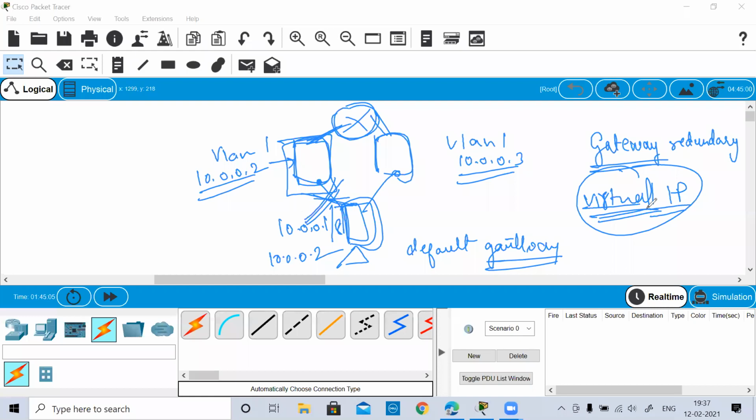Hence the redundancy, because so far we talked about redundancy in several ways, in layer 2 switching, to increase the capability of taking the traffic.